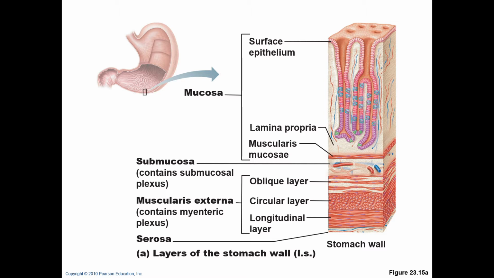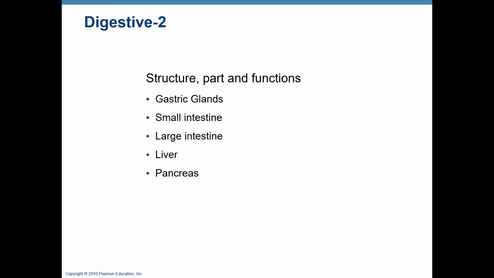So everybody, in last lecture we started the digestive system, and we talked about the parts of the digestive system. We talked about the mouth, the esophagus, stomach, small intestine.